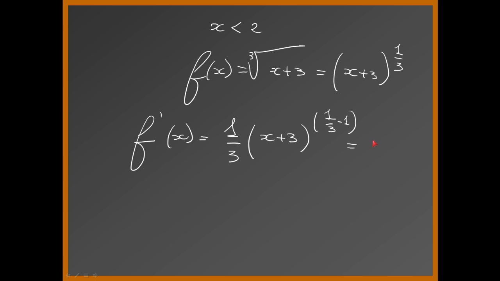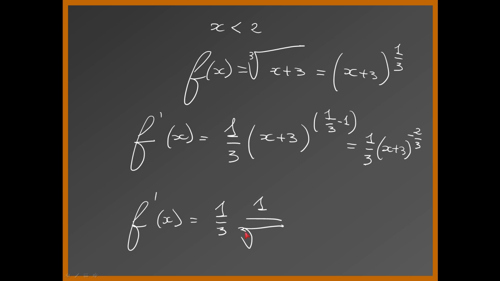This means 1/3 that multiplies x plus 3 to minus 2 over 3. Finally, f prime of x will be equal to 1/3 that multiplies 1 over the cube root of x plus 3 squared. You should notice that the first derivative is defined only when x is different from minus 3.